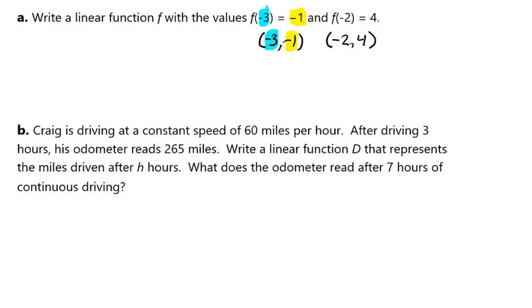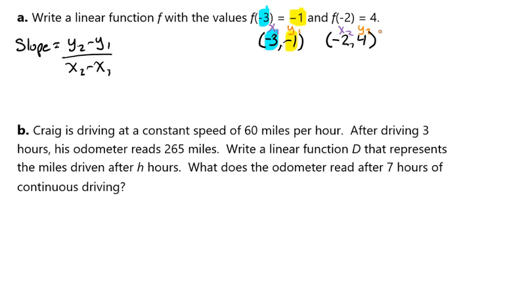And now that we have 2 points, we can find the slope of our equation by using the slope equation. So remember that slope is going to be our y2 minus our y1 over our x2 minus our x1. Let's go ahead and label. Here we have x1, and here's x2, and then here is y1 and y2. Let's replace our values.